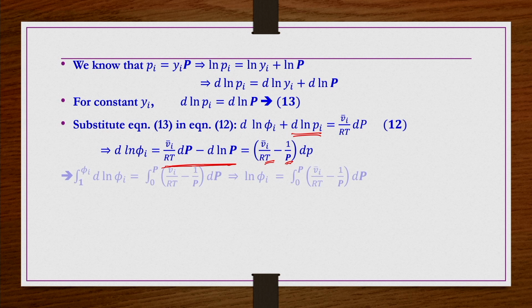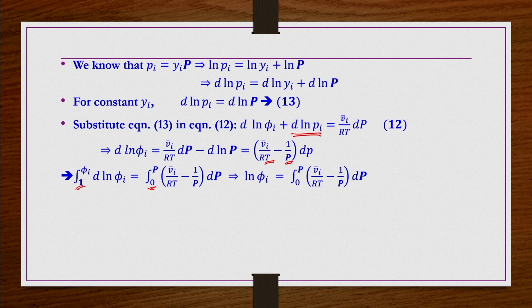Now let us integrate this equation. After integrating, we get the integral of d ln phi changing from 1 to some phi value, and on the right hand side dp changing from 0 to p. When p is equal to 0, phi is equal to 1. If p tends to 0, that means it is ideal behavior, and for ideal behavior the fugacity coefficient is 1. Those are the lower limits of the two cases.